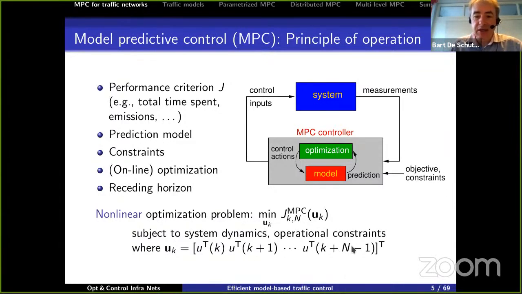And the idea is that for those n minutes, we determine the optimal control inputs. So that's done via an optimization problem where U represents the control actions. So the settings for the traffic signals in an urban context, or the values for the speed limits or the ramp metering rates in a freeway context. And of course, we also take the constraints into account.